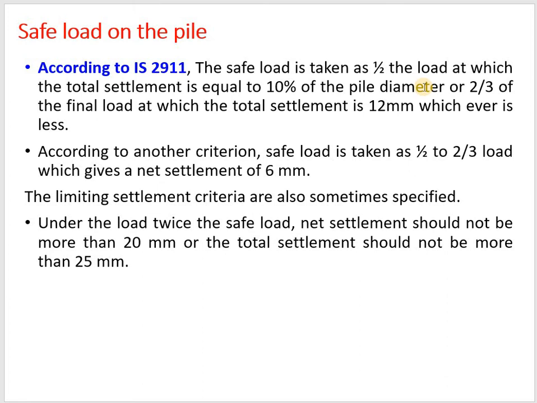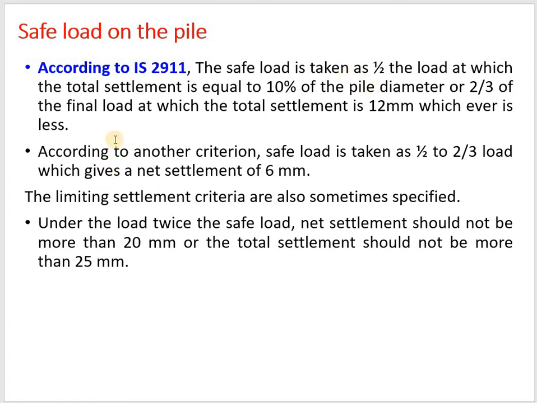Or you take 2/3 of the final load and also check the total settlement, whether it is 12 mm. You measure 2/3 of the final load, find the corresponding settlement, and check the load for which the total settlement is 12 mm. Whichever is less, that will be taken as the safe load.